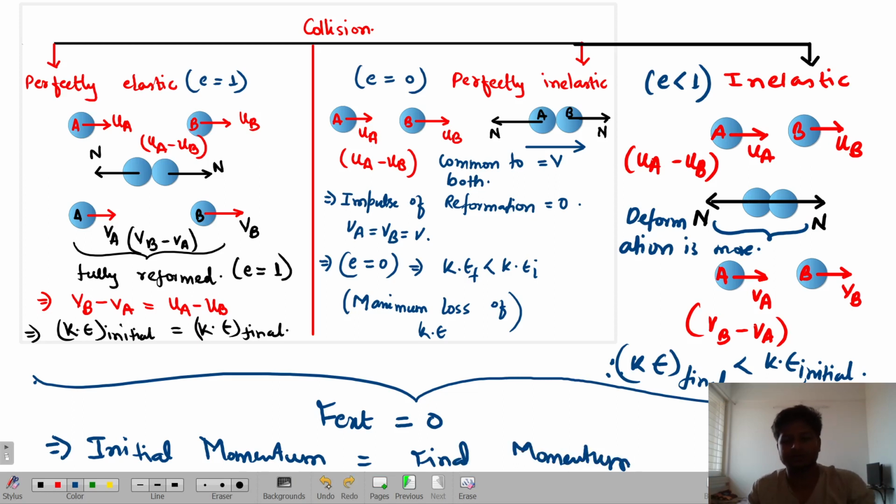Is that clear or not? Are you able to get me? That is, whether it is perfectly elastic, inelastic, or whatever it is, one thing is very, very common: the initial momentum is exactly equal to the final momentum. Is that clear?